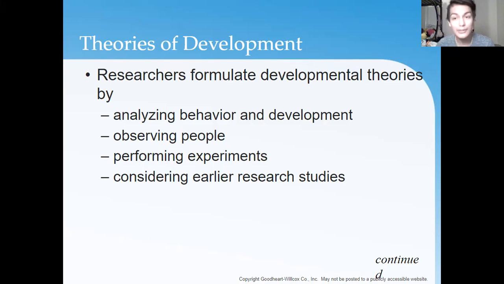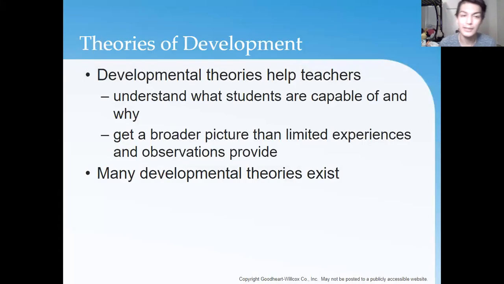Yes, you have to perform experiments in order to validate your theory. Considering earlier research studies is a major one because many theories look back to other theories, and they referred their ideas to each other. So it was kind of a cross connection, if that makes sense.